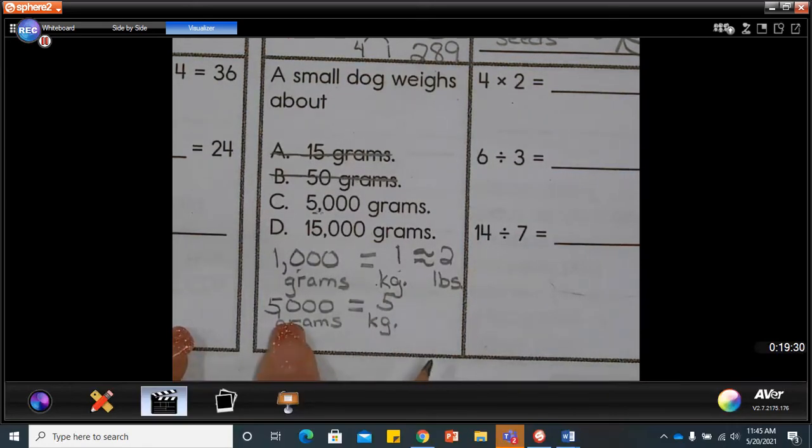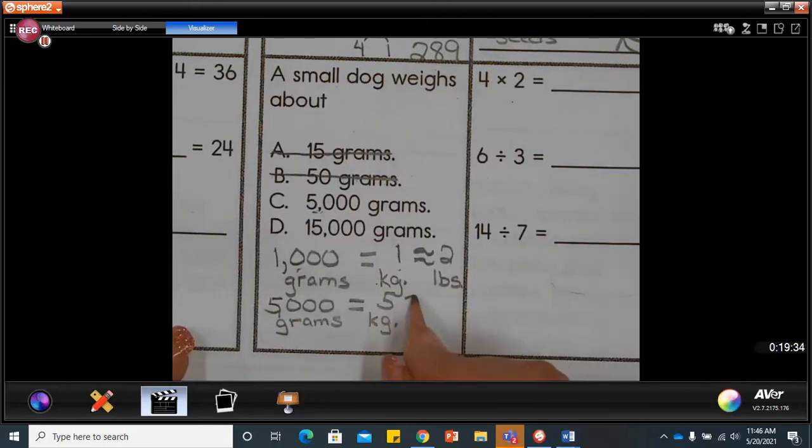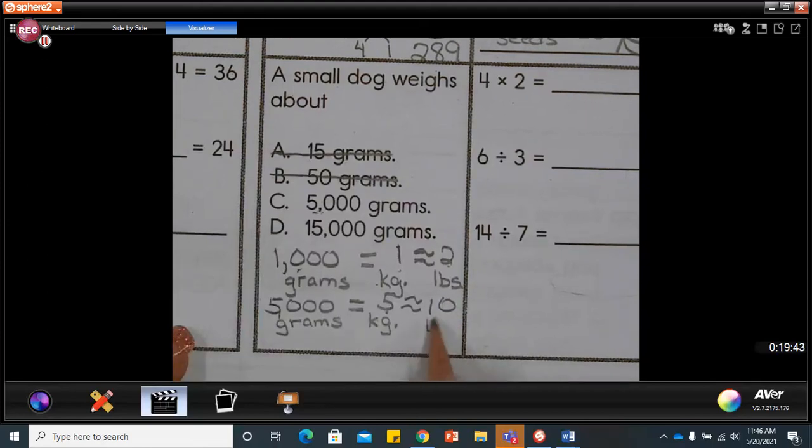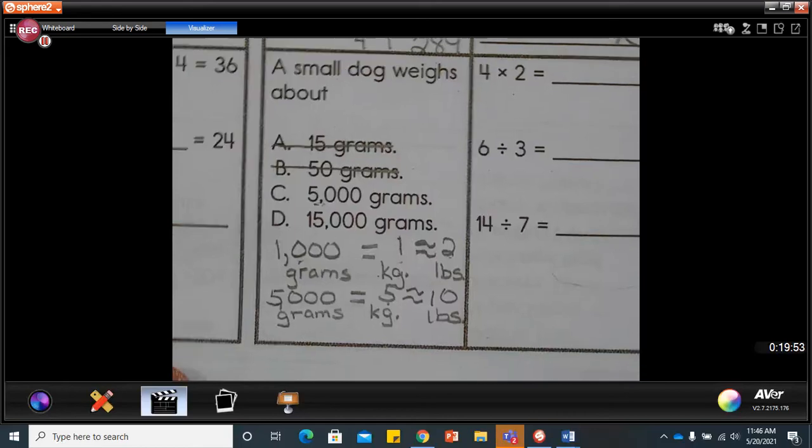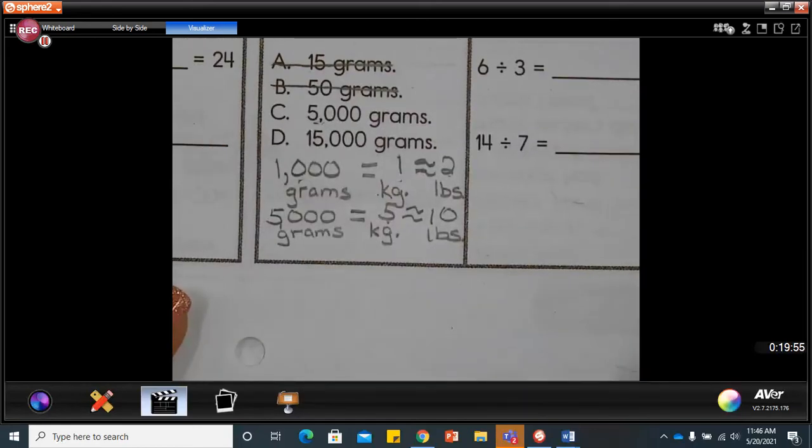So for every 1,000, we have 1 kilogram. Now, as far as pounds go, for every 2 pounds, I have 1 kilogram. So that tells me that this is going to be 10 pounds. Now, could a small dog weigh about 10 pounds? Sure.